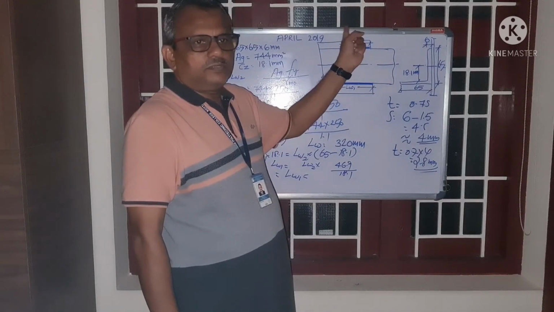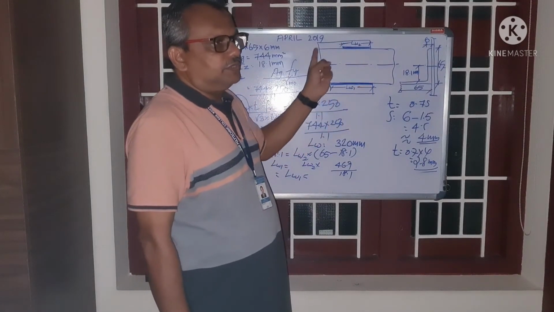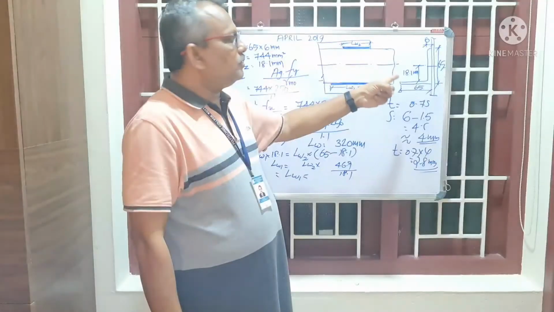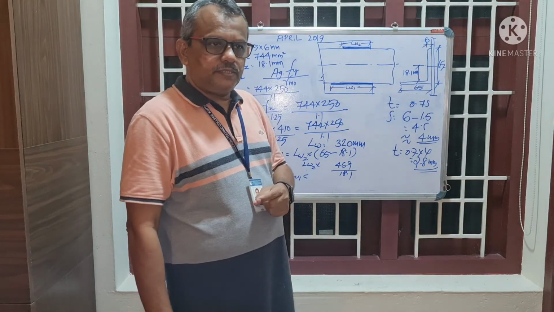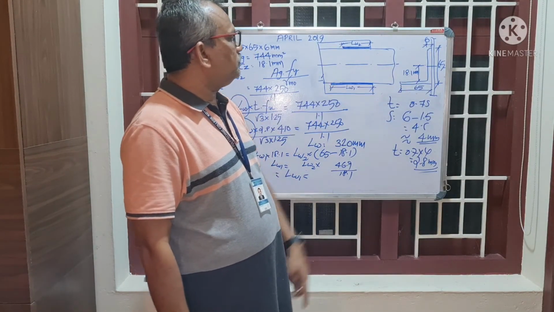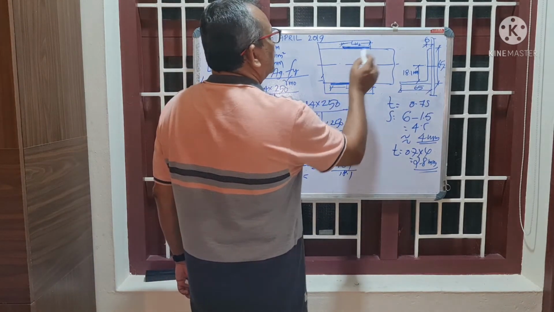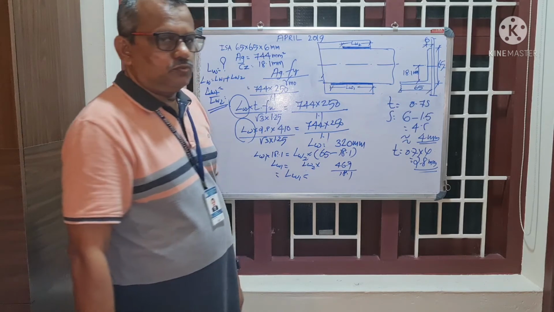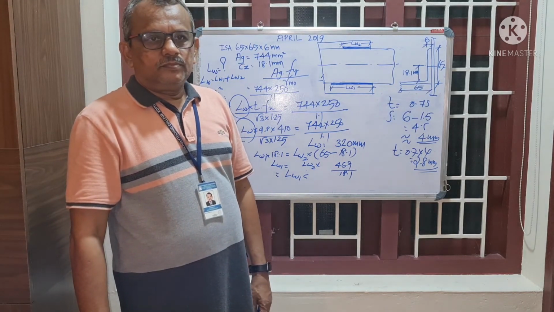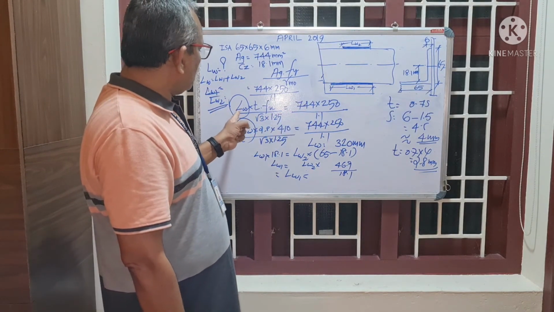Understood? So this is the method of designing a weld for an angle. Here LW1 will be more than LW2. So first calculate the total length of the weld.